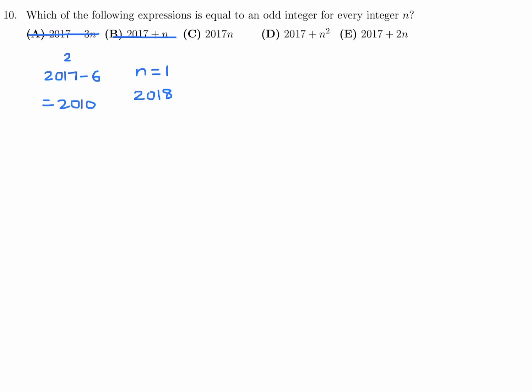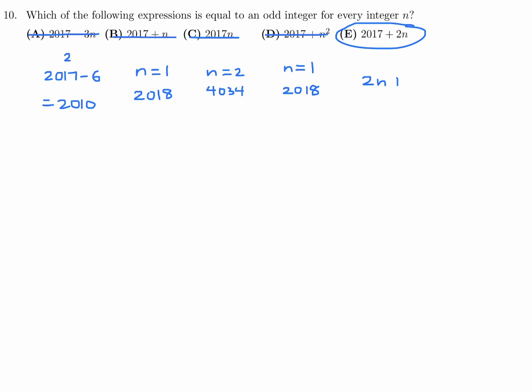2017 times n, let's see, when n is 2, it becomes 4034, which is even, so that's gone. When n is 1, this one becomes 2018, so that's gone. So we pretty much have boiled it down to E as the answer without even proving it. It's just a process of elimination.